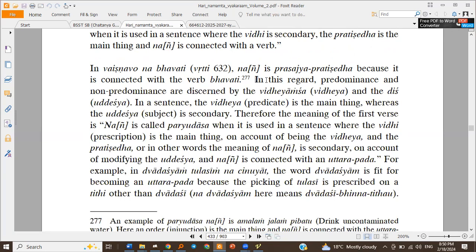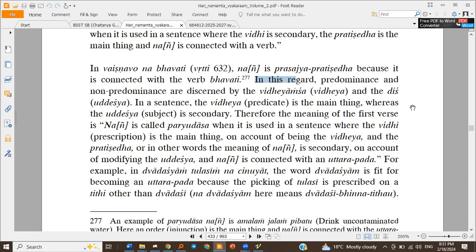Okay, then moving ahead. In this regard, predominance and non-predominance are discerned by the vidheya and the uddeshya. Basically, it's the intent of the speaker, how he wanted to say the thing. In a sentence, the vidheya, predicate, is the main thing, whereas the uddeshya, subject, is secondary.